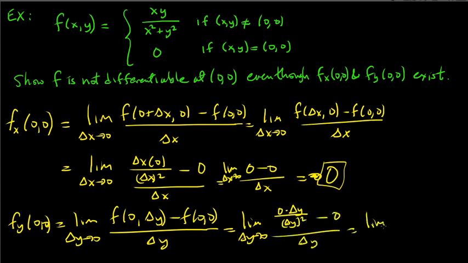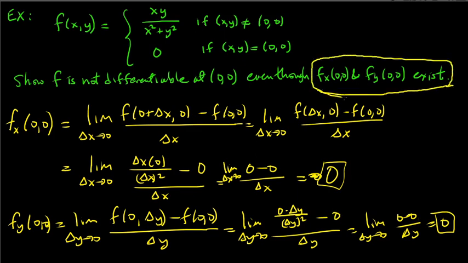So this is still the limit as delta y goes to 0 of 0 minus 0 over delta y, which of course is 0. So yeah, both the x partial derivative and the y partial derivative exist, and by coincidence they happen to be the same number. They're both 0, right? So yep, these partial derivatives exist.